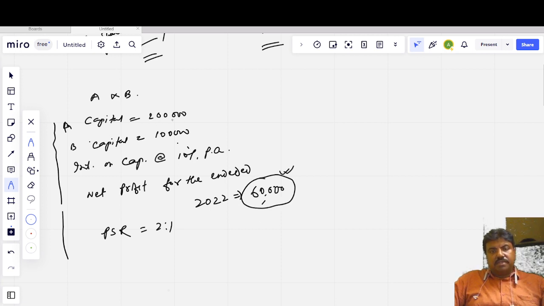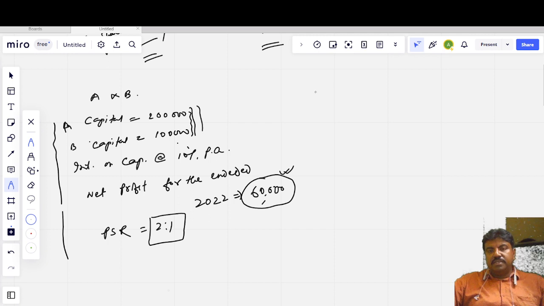From this profit, interest on capital of the partners should be subtracted, and the rest of the profit should be shared by the partners as per their profit sharing ratio. But what happened? While preparing the profit and loss appropriation, the partners did not give any effect for this interest on capital. They forgot, they omitted this portion.